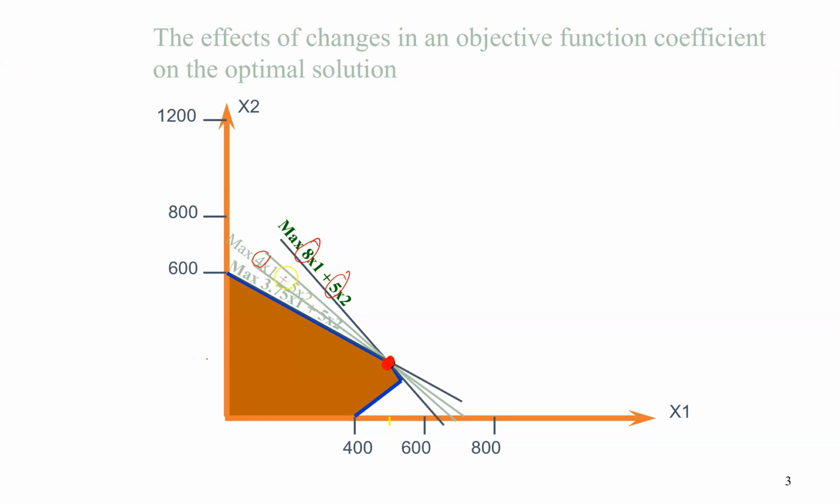When it becomes 3.75, the solution is along this line. If we decrease the coefficient, for example if we take 2, the coefficient of x1 equals 2, then the optimal solution changes. It's no longer the original one, but it becomes this new one.